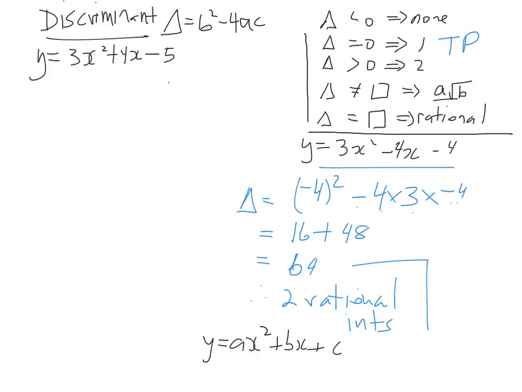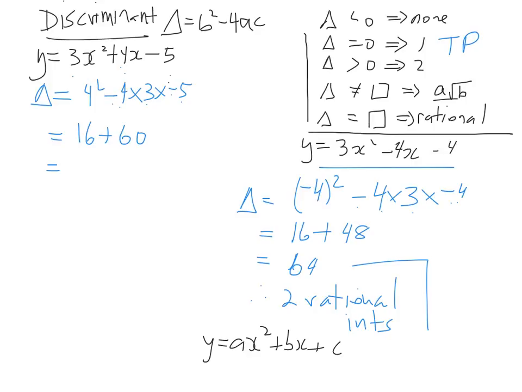Okay, let's have a look at this one here: 3x squared plus 4x minus 5, just to give you an idea. So delta equals 4 squared, that's our value for b, minus 4 times 3 times negative 5. From there, 4 squared is 16. Negative times negative gives us positive. 4 times 3 is 12, times by 5 is 60.